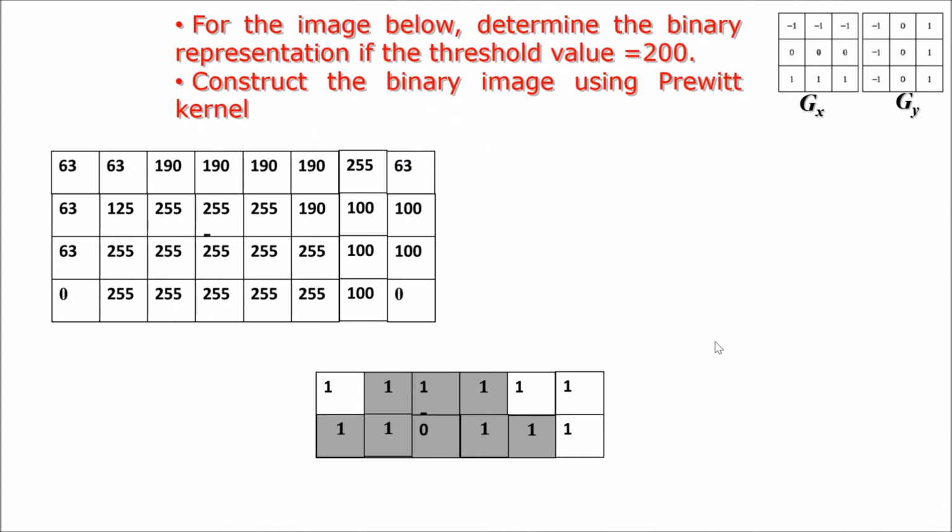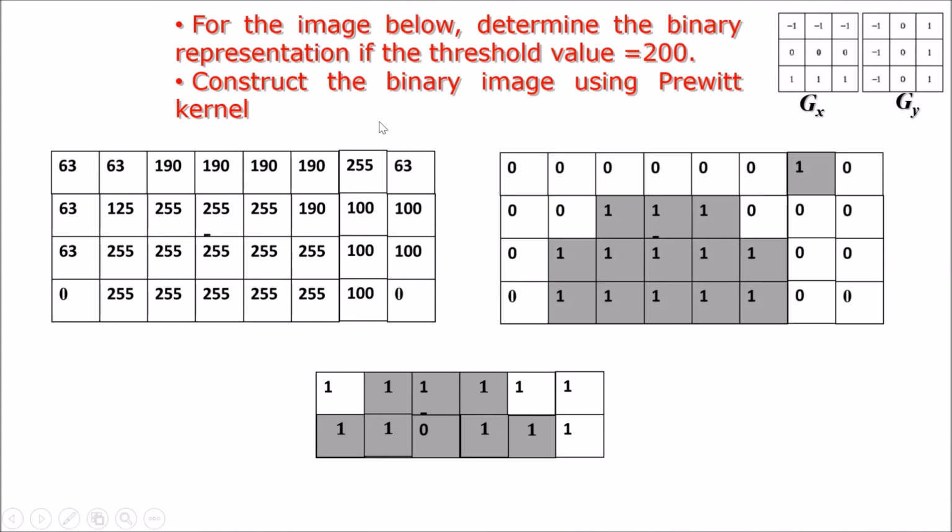So finally, let's recap on what we have done so far. You have the input image of the grayscale. The first step is to calculate the segmented output by using the threshold equal to 200, and then using the Prewitt edge detectors, with the output calculated for this type of kernel, gx and gy.